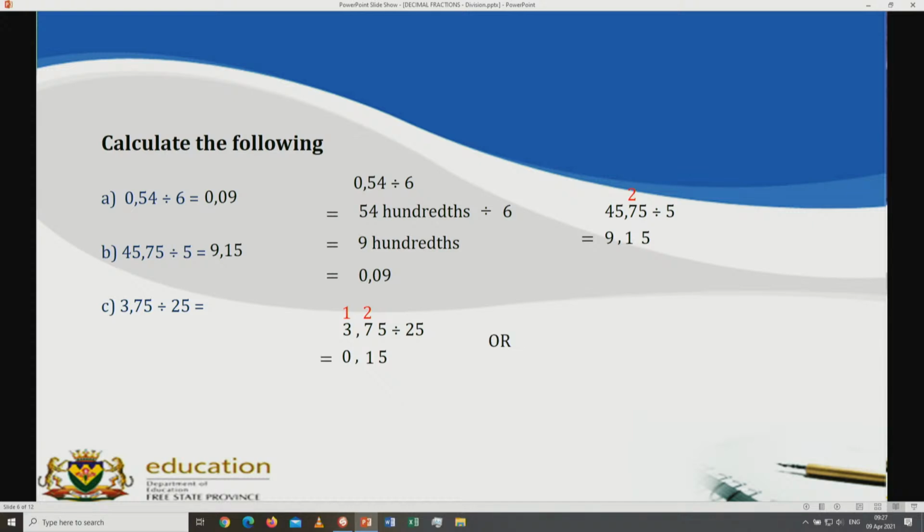Or let me use another method for interest's sake. We can have now 25 tenths. We can now divide it. We say 37 tenths, we have 25. That can be divisible by 25. And then divide, we are left with 125 hundredths. So we are going to say plus 125 hundredths divided by 25.